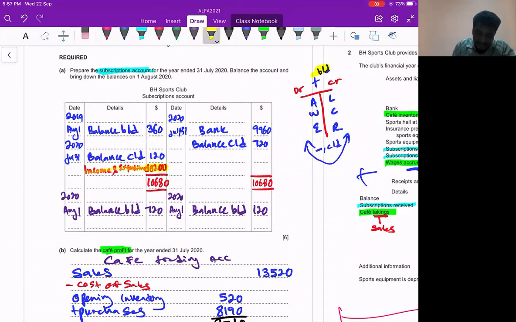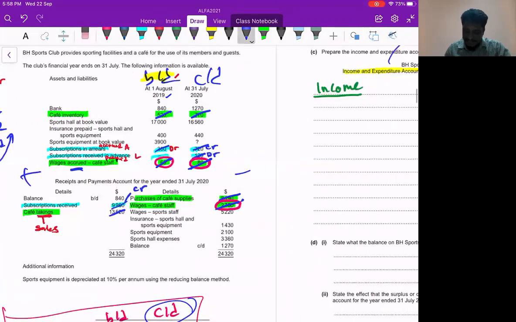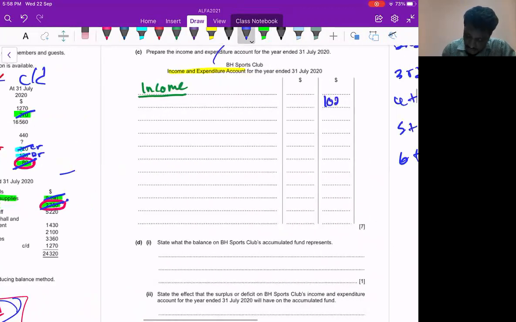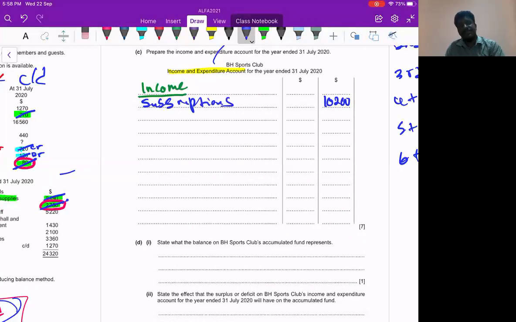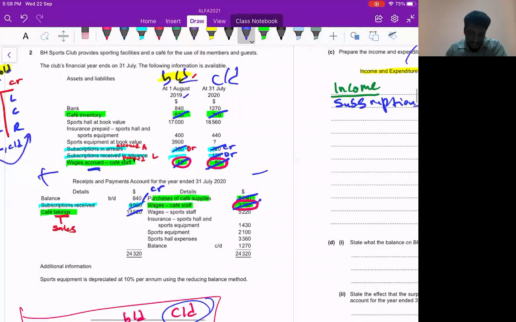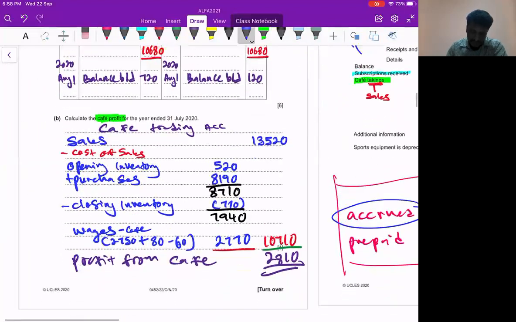That's why we write here in the income and expenditure. So go to the income. It's my subscription, 10,200. Right here, subscriptions. After that, we have another answer: cafe profit. Profit is an income also. If it is a loss on cafe, it will be expenditure.